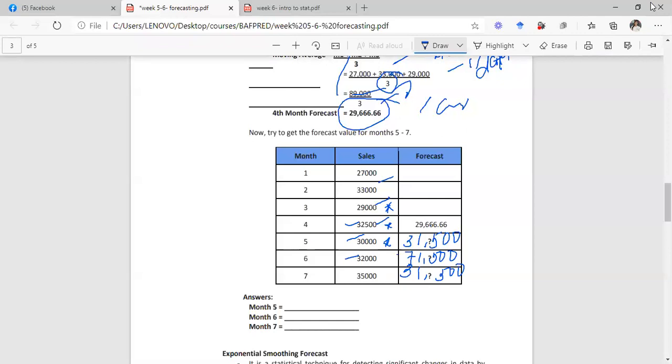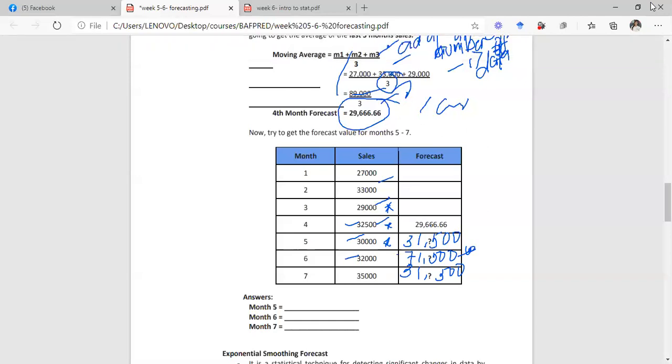So let us compute again. For month 6, 29,000 plus 32,500 plus 30,000 becomes 91,500 divided by 3.